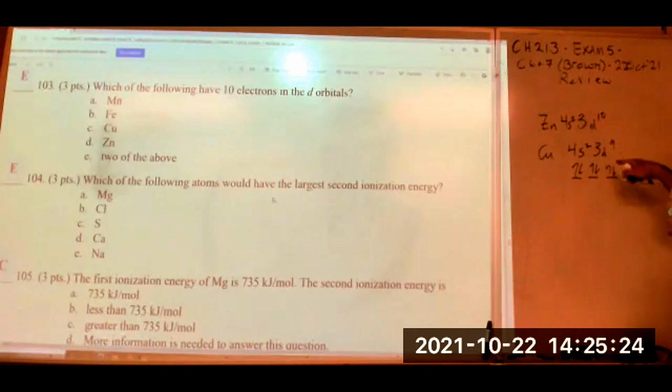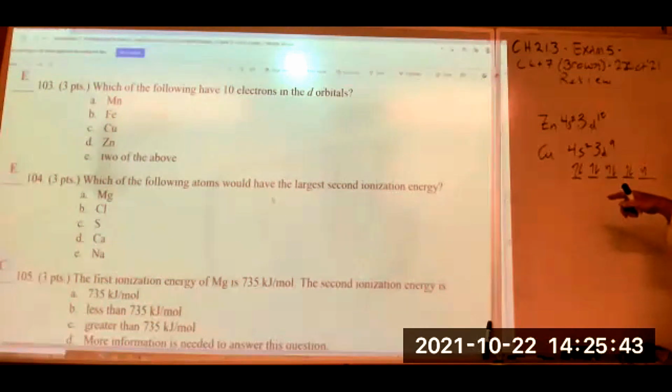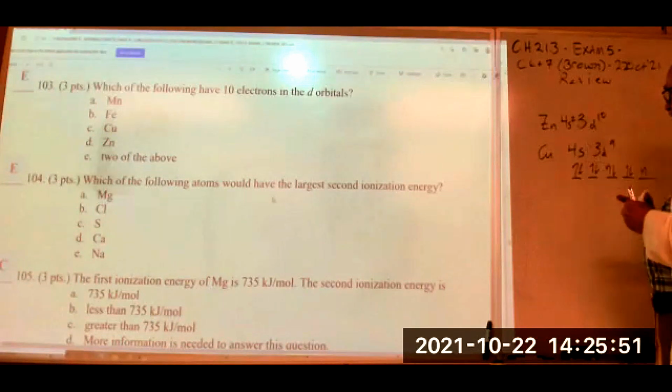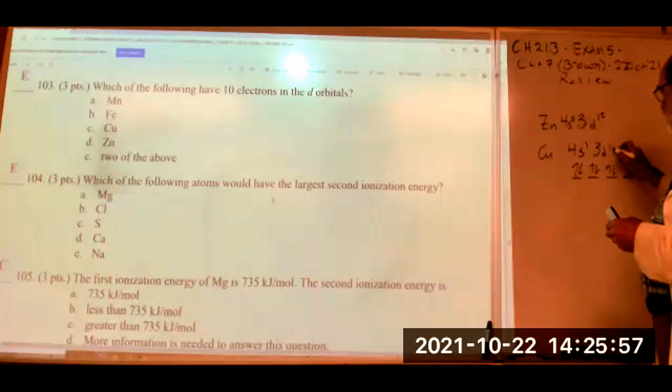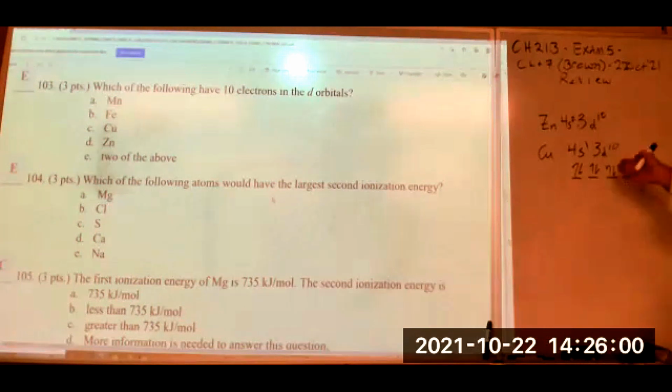But for this one, we're saying that it only has 9 there. It's counterintuitive that you would want to put another electron in here, but complete orbitals are lower energy than incomplete orbitals. When you get this close to a complete d, the energy level is such that you would take one of those 4s electrons and put it there. That's one of the anomalies, right? When you get to copper and zinc.